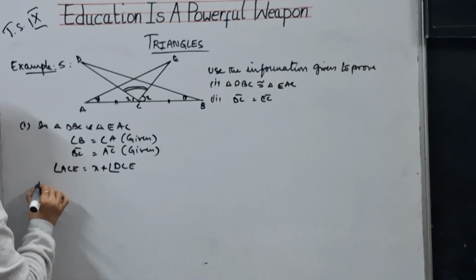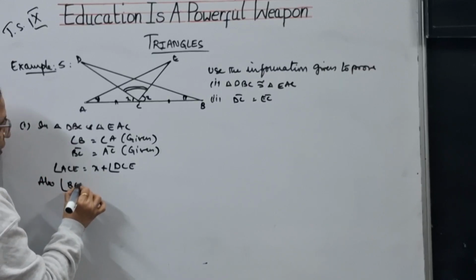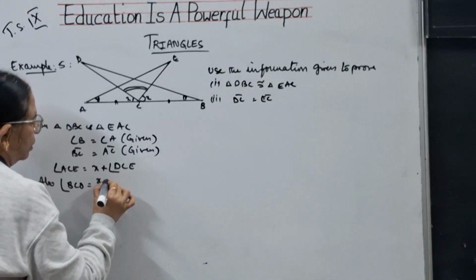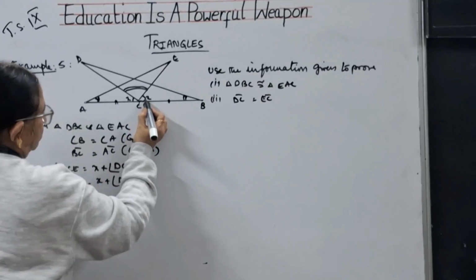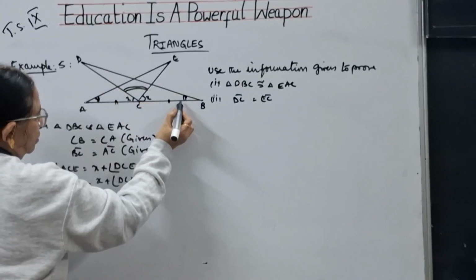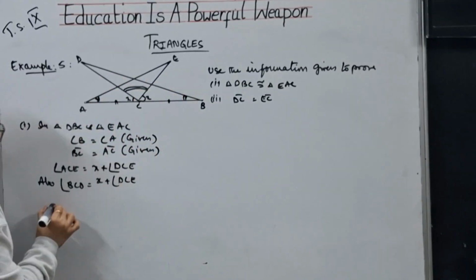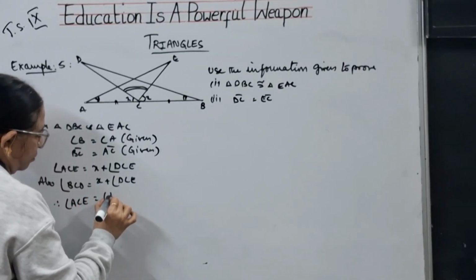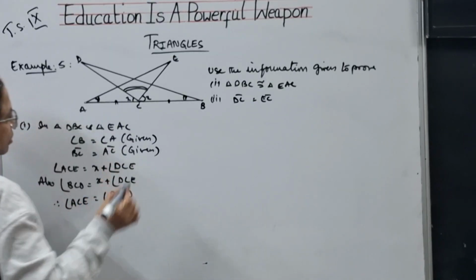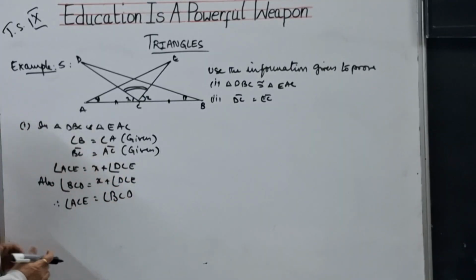And also angle BCD is equal to x plus angle DCE. Is it not so? X plus angle DCE is this angle. Therefore, we will say that angle ACE is equal to angle BCD. These two RHS are equal, so LHS are equal.